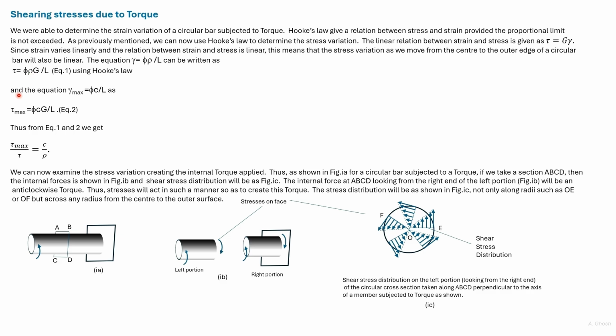We also earlier got the relationship gamma max is phi C divided by L. Again, if we put this relationship into Hooke's law, we get the relation tau max is equal to phi C G divided by L. Now dividing both sides of equation 2 by equation 1, we get tau max divided by tau is equal to C by rho.